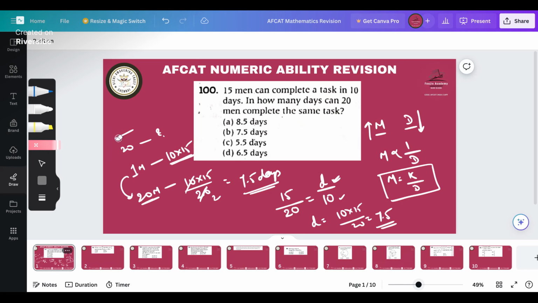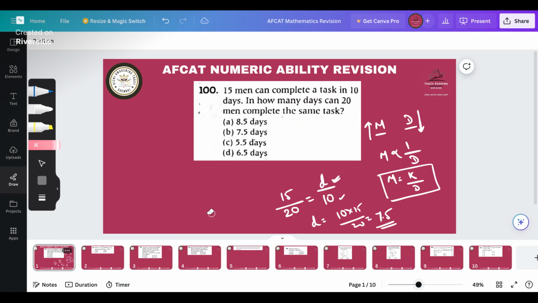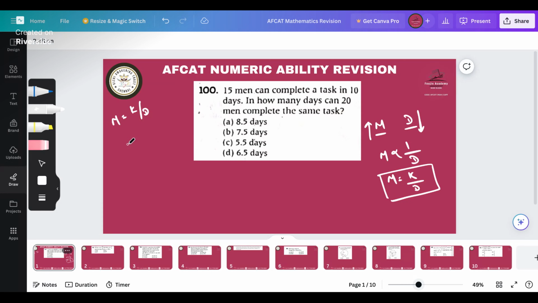If you are not getting it, let me try to tell you in a little bit easier fashion. Up till this you are clear: M is equal to K by D. In the first scenario, M1 is equal to K divided by D1, which means K is equal to M1 into D1.